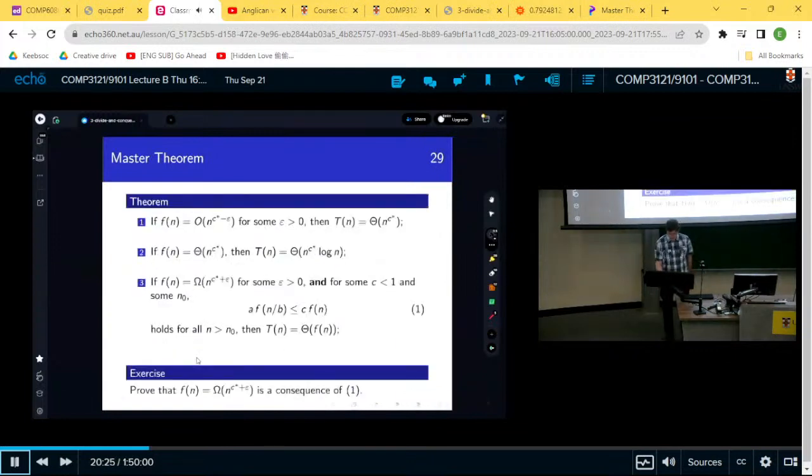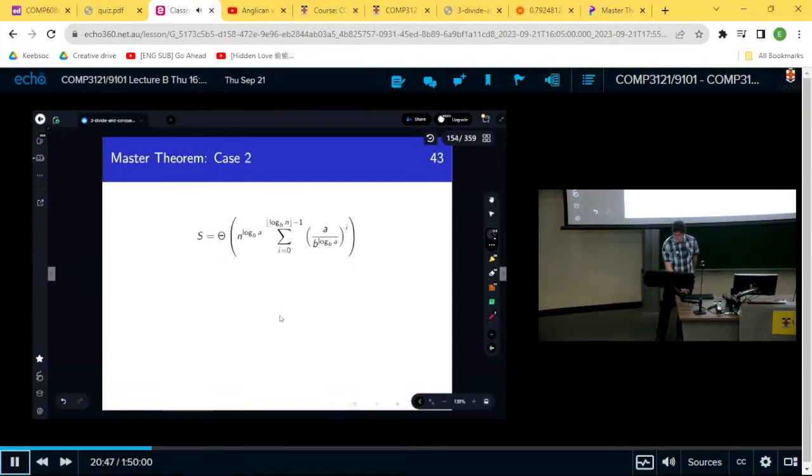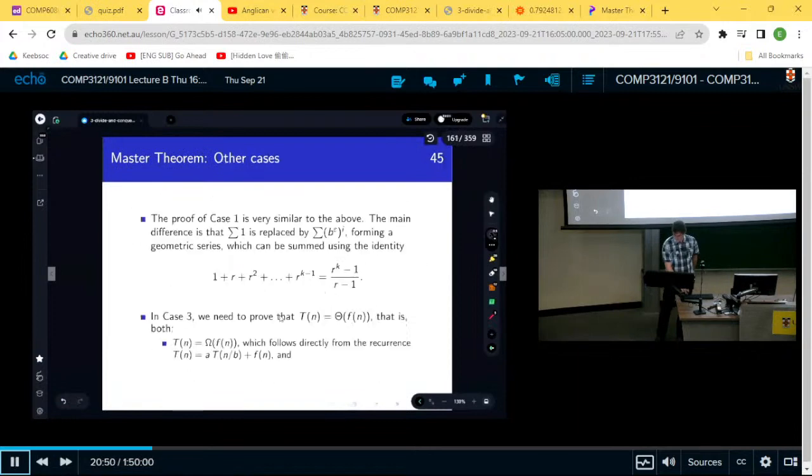So in case 3, we need to prove two things, because we need to prove this, which can be decomposed into two separate proofs. One is to show that T of n is big O of f of n, and the other one that T of n is big omega of f of n. The first thing is to prove that T of n is big omega of f of n.